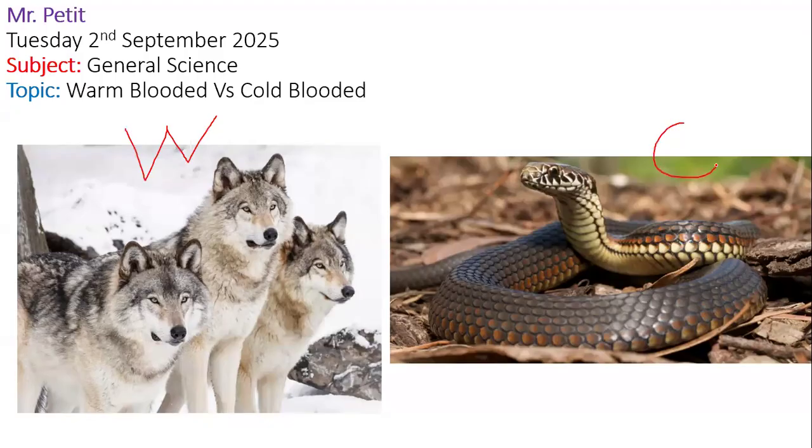For warm-blooded, you control your own temperature despite the environment, and for cold-blooded, your temperature varies with the environment. Okay. So warm-blooded means that you have warm blood, right? And cold-blooded means that you have cold blood. Really?